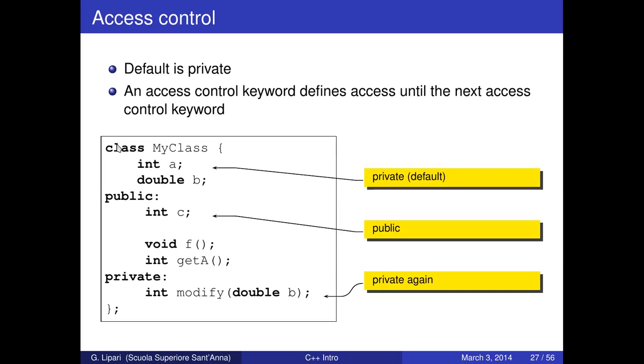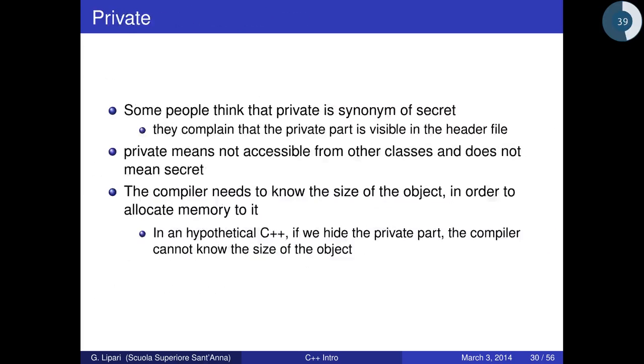So the user that wants to use this class actually sees in the code that A and B are private, so they know of the existence of this private part. So private does not mean secret at all. Private means not accessible from other classes, and not secret.